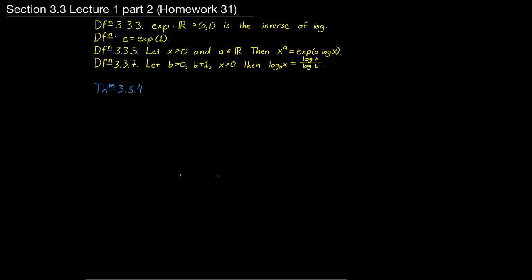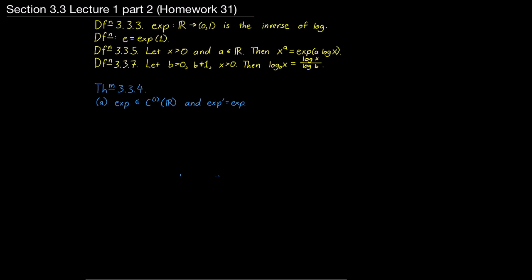So this theorem is the properties of the exp function. Here's our first property: exp is a continuous function with a continuous derivative, and exp prime is exp, which of course means that exp is a continuous function with infinitely many derivatives.